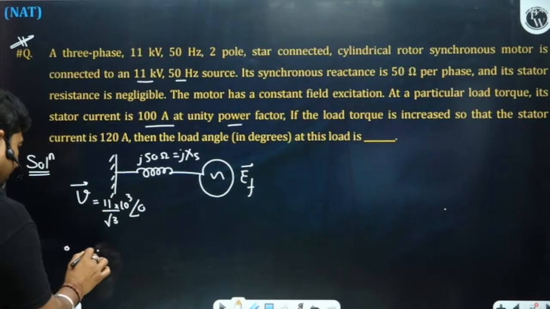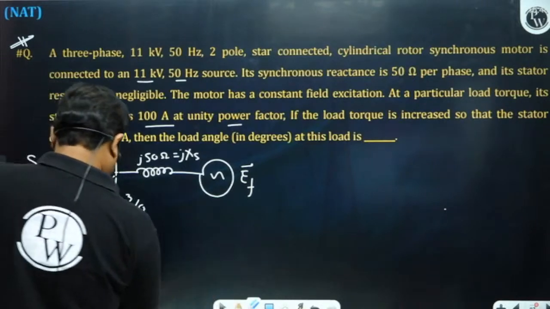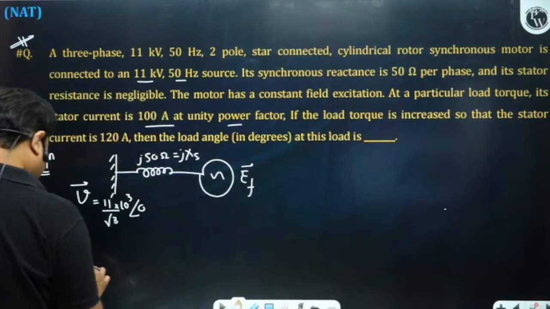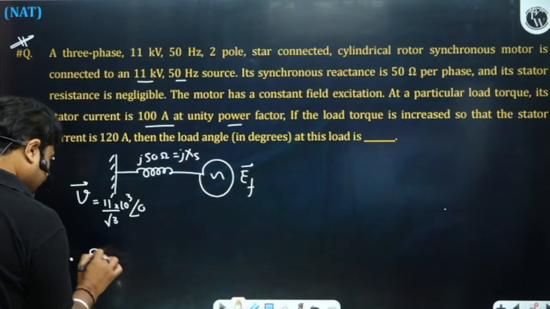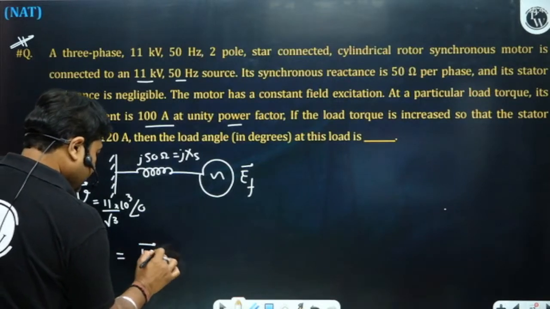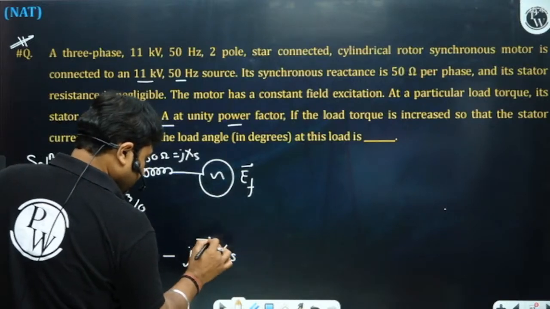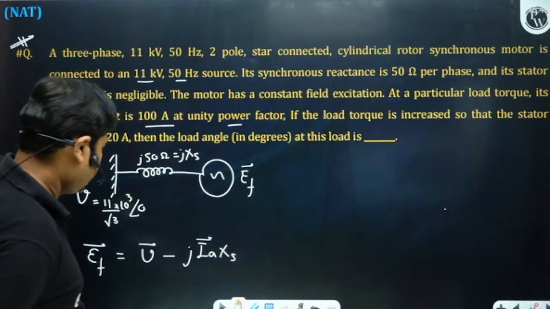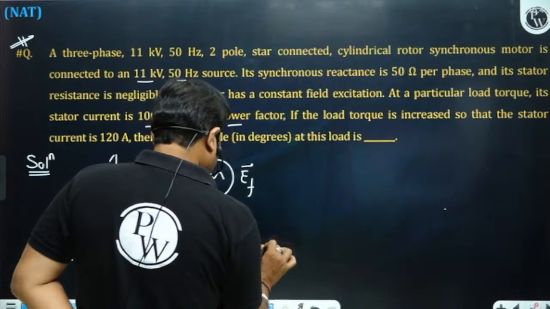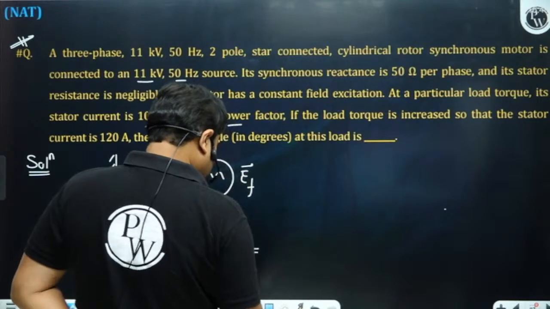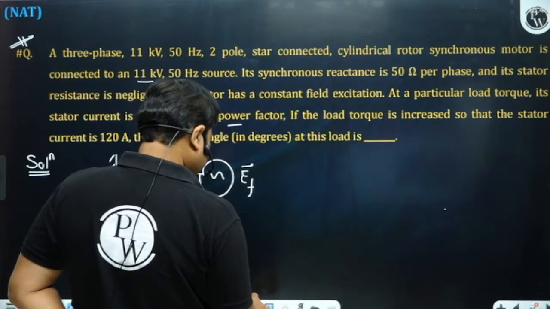So sir, we have EF phasor is equal to V phasor minus j IA Xs phasor. Can we write in this way? Yes, sir. Let's put the values also.